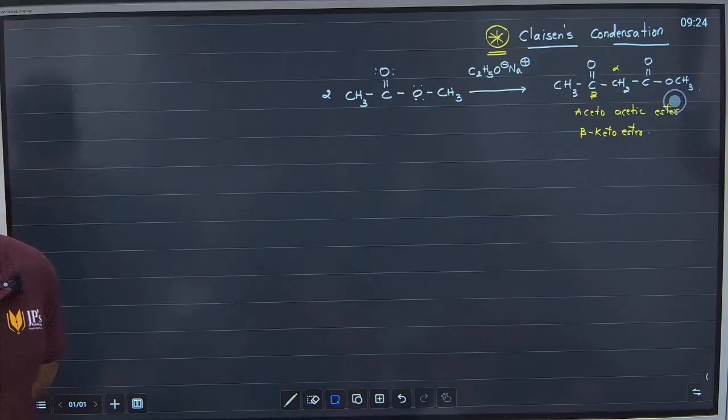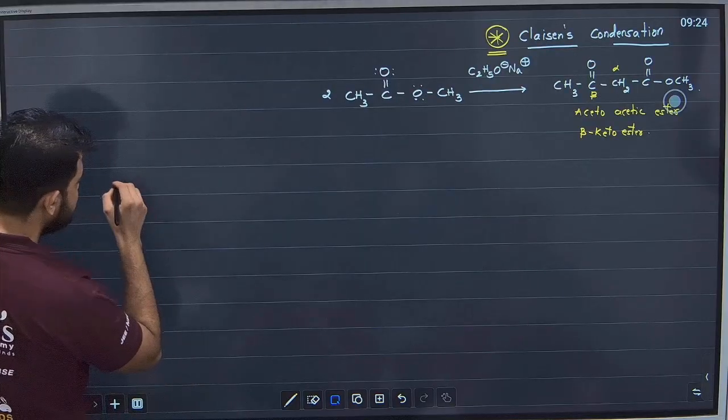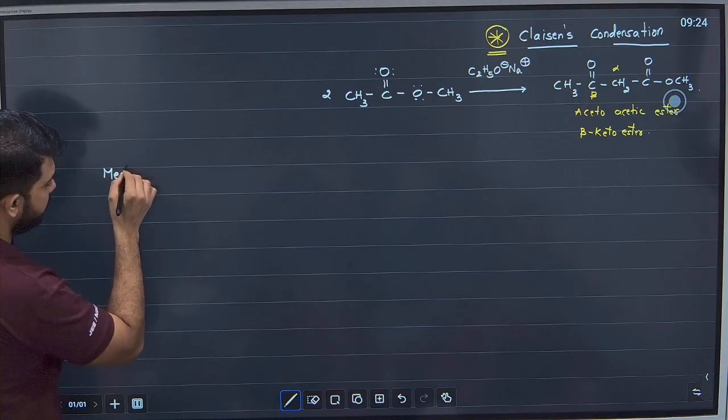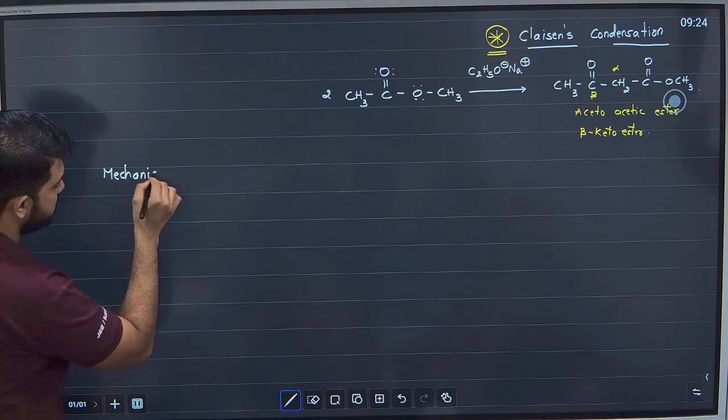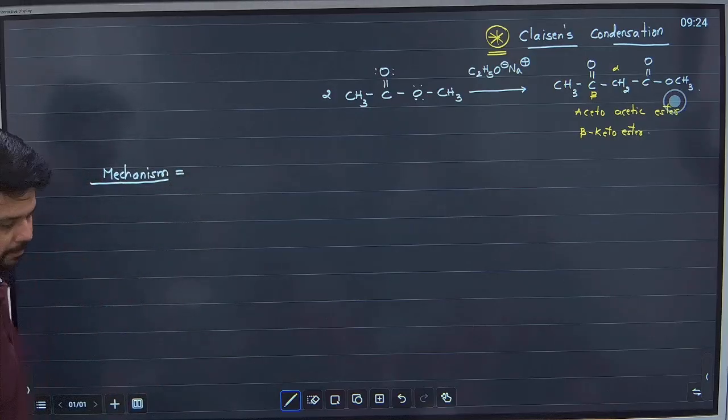चलो, let's start. Mechanism बहुत आसान है. Mechanism is exactly like what we did in aldol condensation. The formation of enolate ion is your rate determining step.